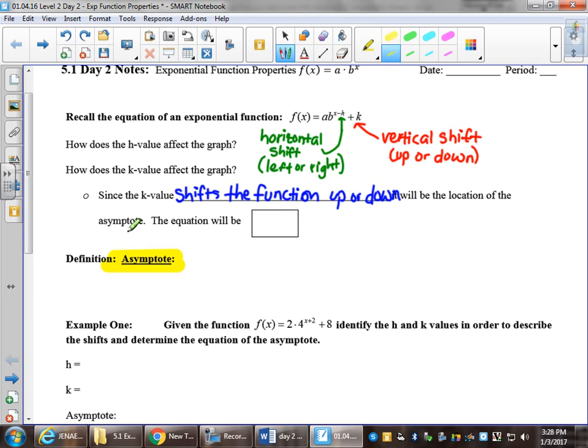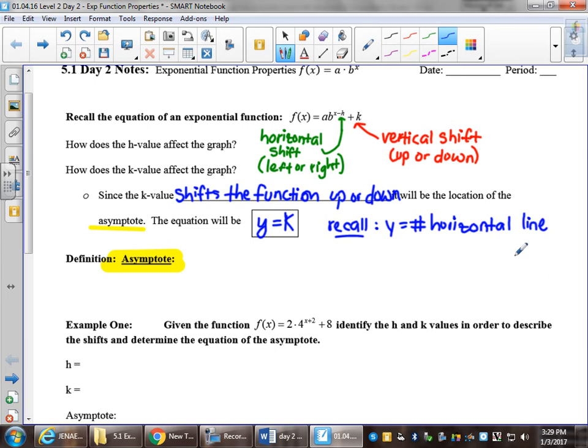Maybe just underline it here. The equation will be y equals k. Little side note here. Recall that y equals a number is a horizontal line.